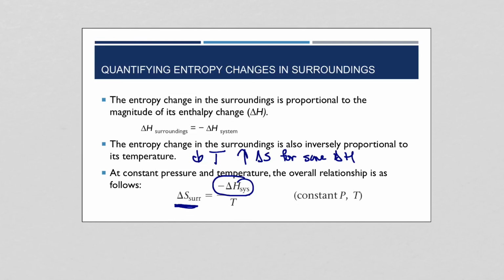So the delta S of the surroundings equals the negative delta H of the system divided by the temperature. And of course, this is at constant pressure and constant temperature. We're at a given temperature and our pressure is constant, which is why we can use the enthalpy numbers here.